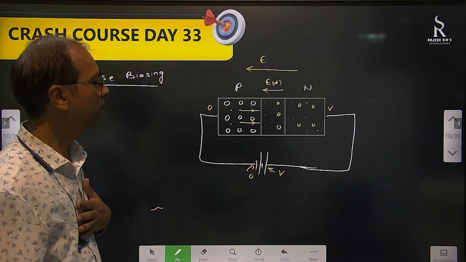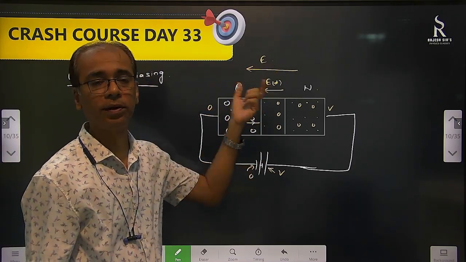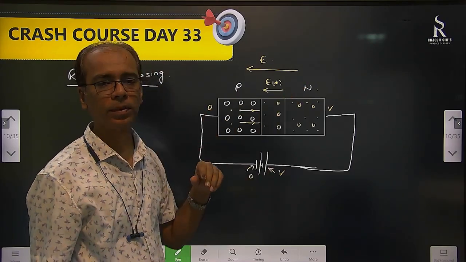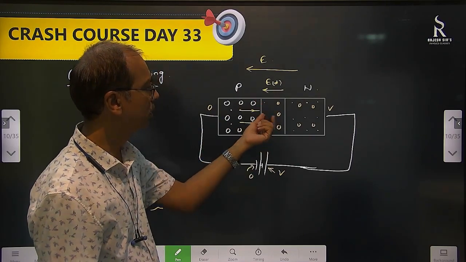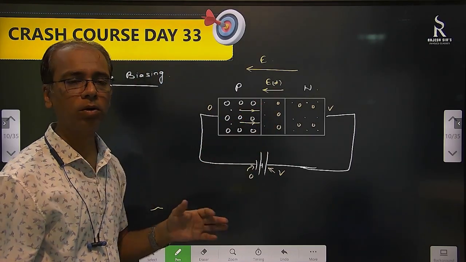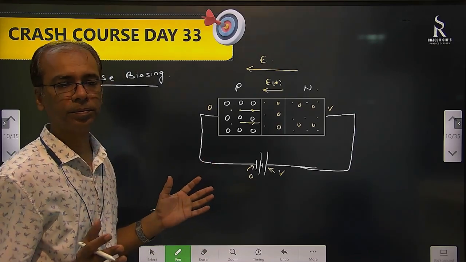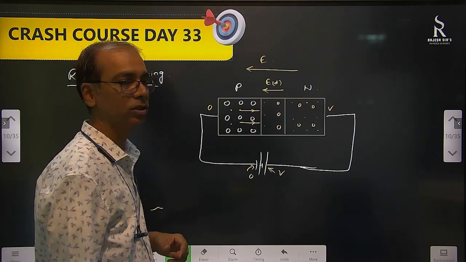Because of this, what happens when these minority charge carriers are there? They'll move fast because of this electric field. While moving fast, they collide with the already existing covalent bonds of these electrons and holes. When they collide, they break the bond, and because of that, pairs of holes and electrons are created.